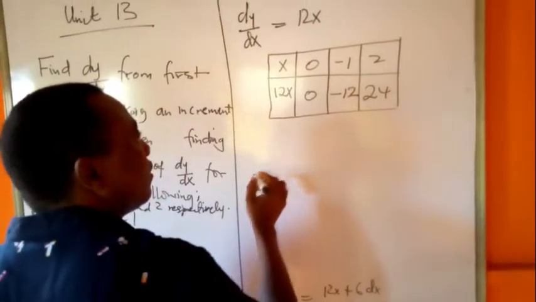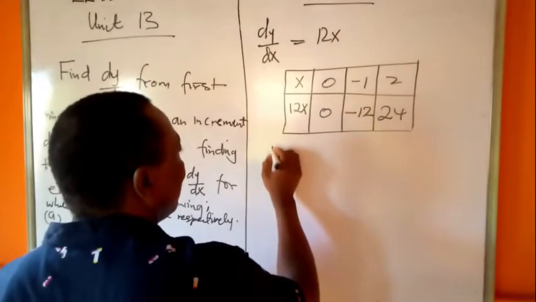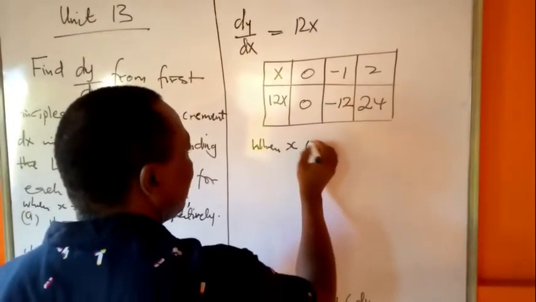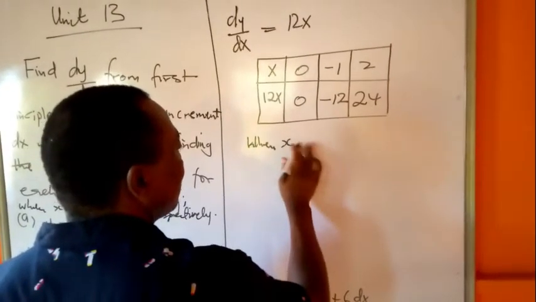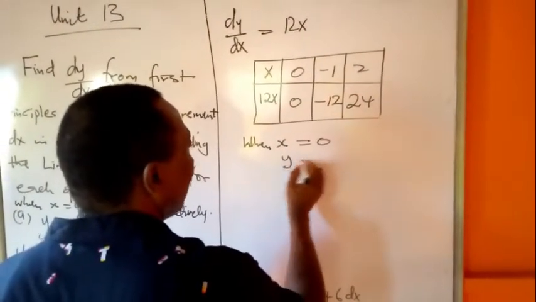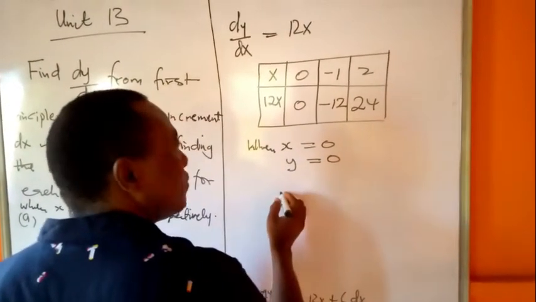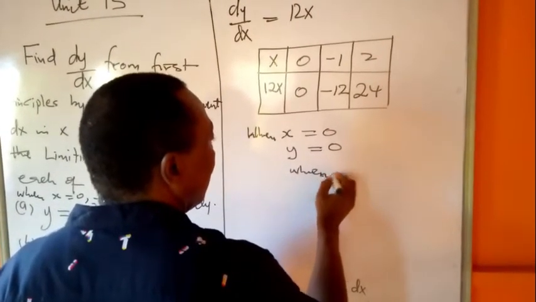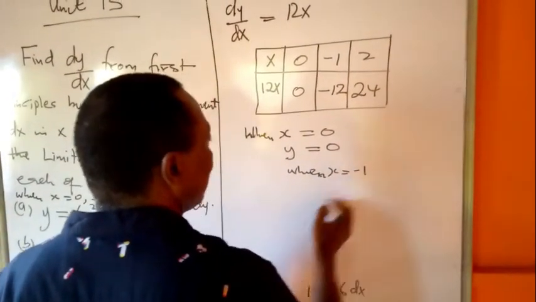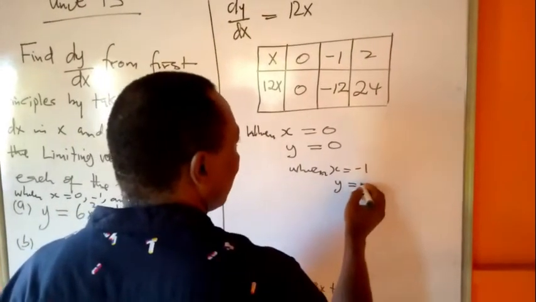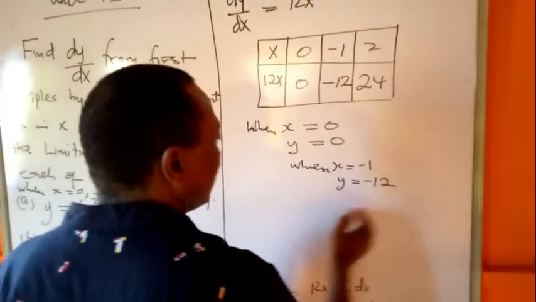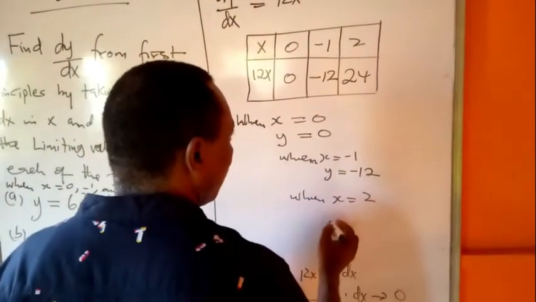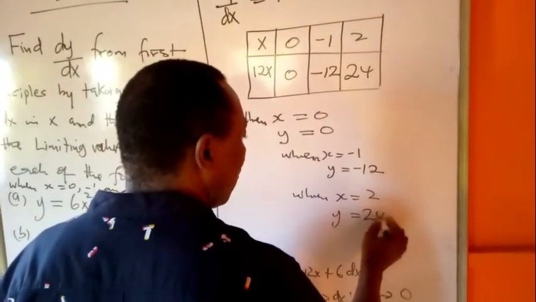So we can interpret it: when x is equal to 0, y is equal to 0. When x is equal to minus 1, y is equal to minus 12. When x is equal to 2, y is equal to 24.